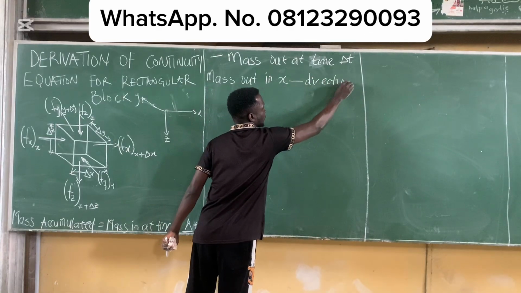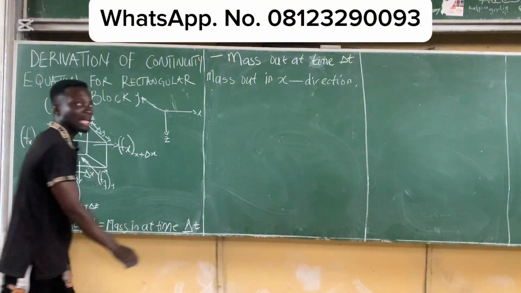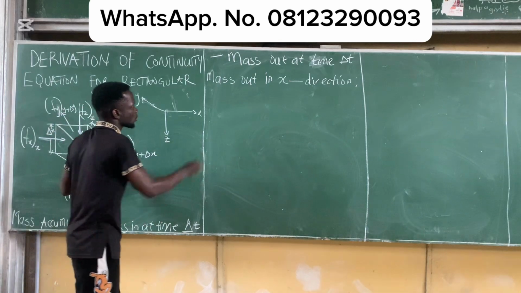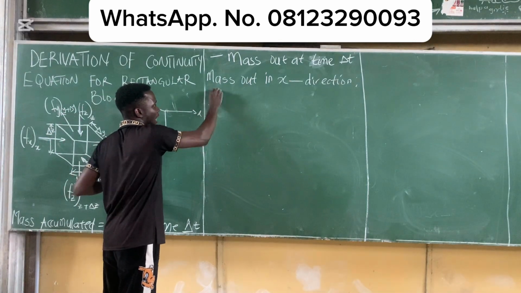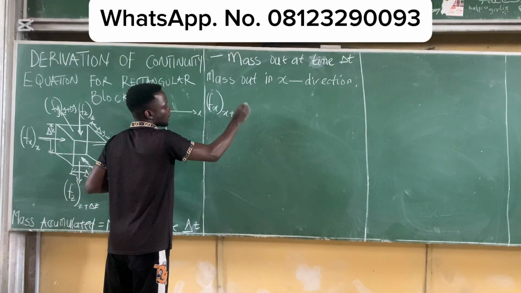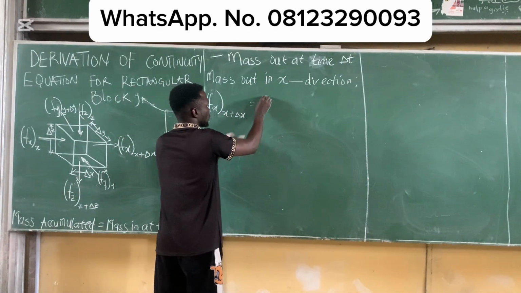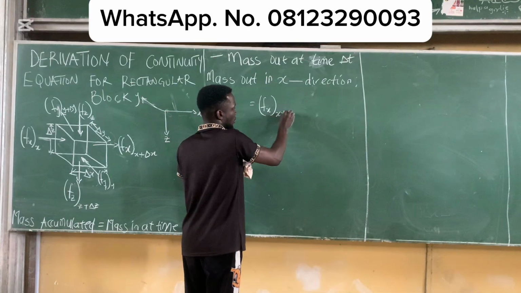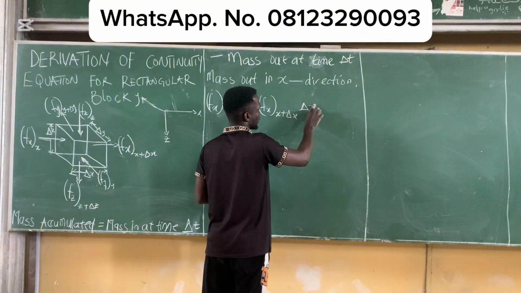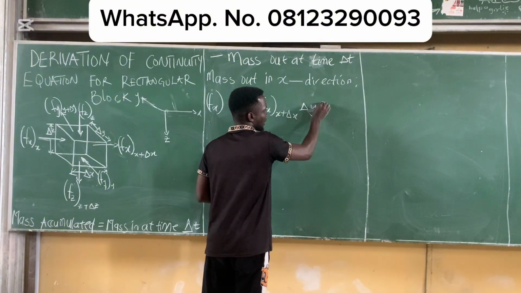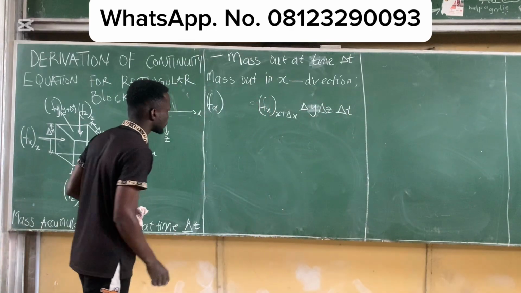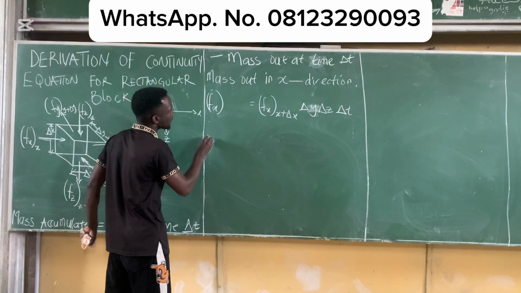Mass out in x direction becomes, remember x direction is this way, so the ones that come out become F of x at x plus delta x. The area we consider for x is y, z. We are considering time delta t.